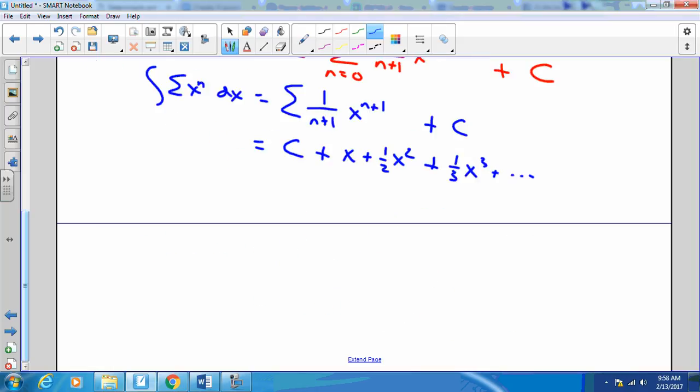And what does that converge to? Well, it converges to the integral of the closed form, which is negative natural log of 1 minus x plus c.